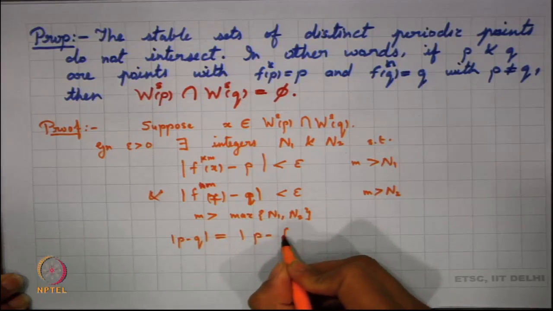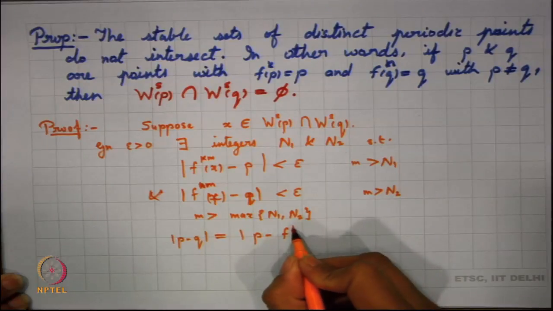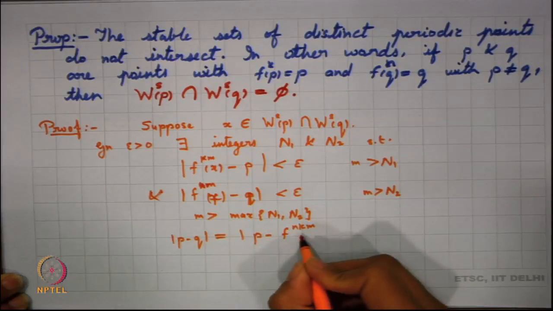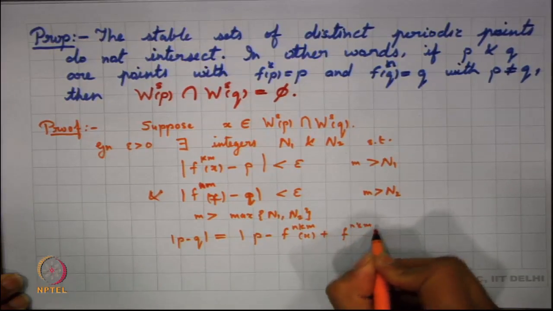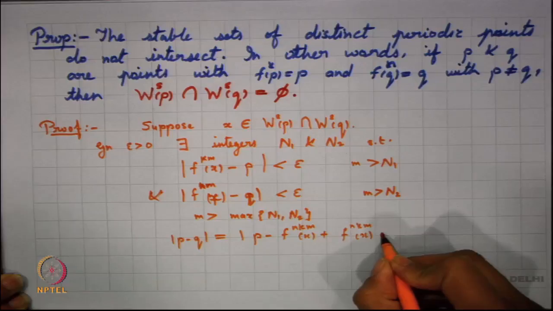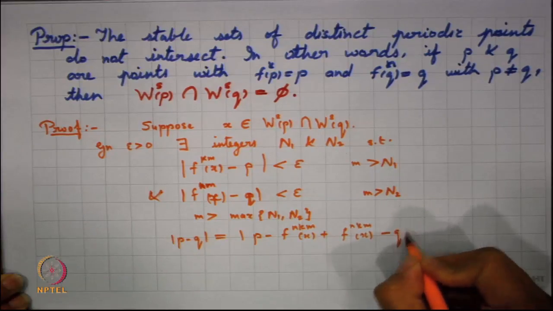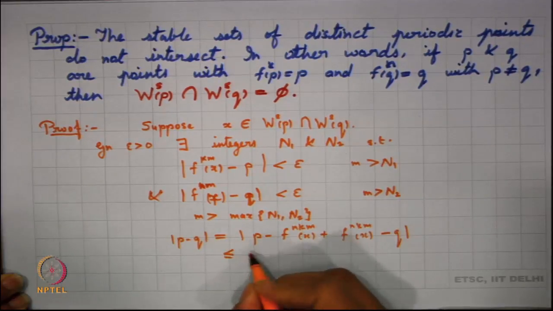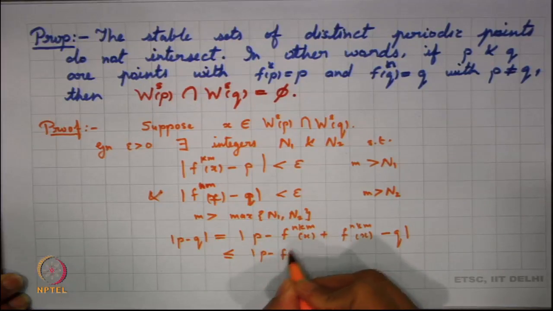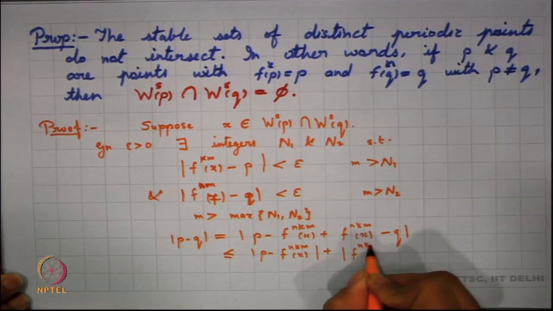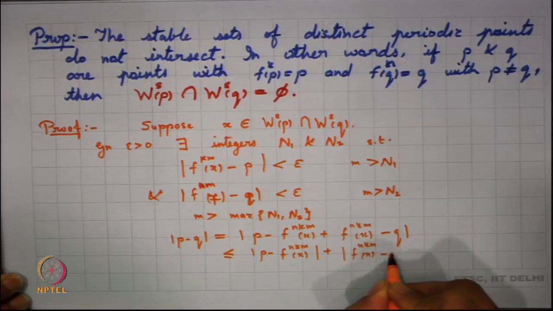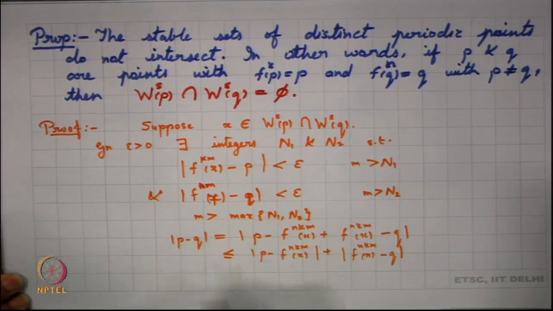This is |P - f^{nkm}(x) + f^{nkm}(x) - Q|, which is less than |P - f^{nkm}(x)| plus |f^{nkm}(x) - Q|, and we know that both these quantities are less than epsilon.